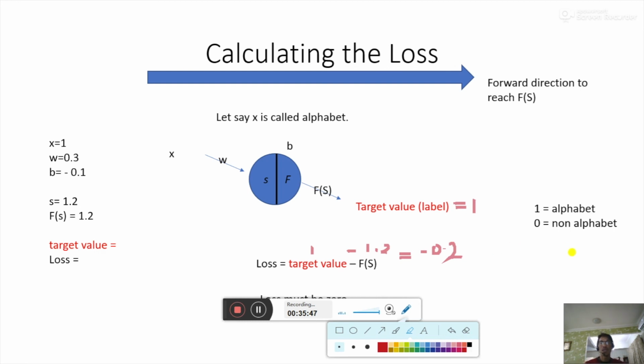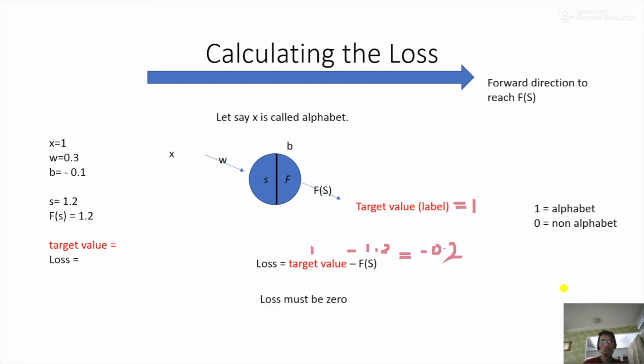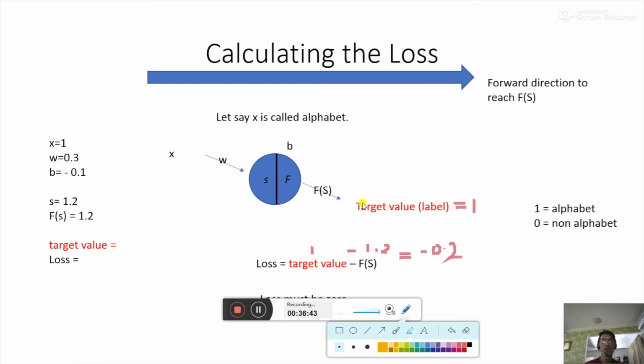So in this case, as you know, the loss must be 0. So this is not 0. Less than 0. I need a 0. So what do you do? When you're moving in the forward direction, you need to repeat it back again, moving backward.